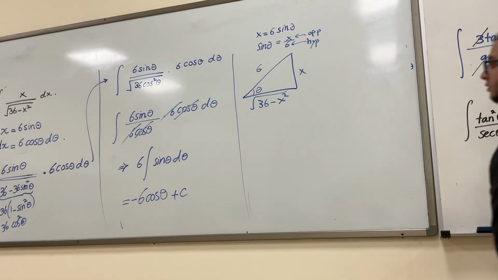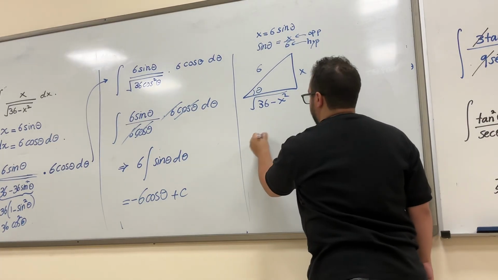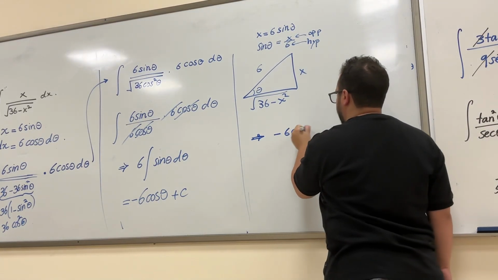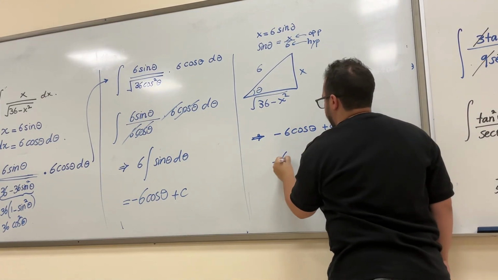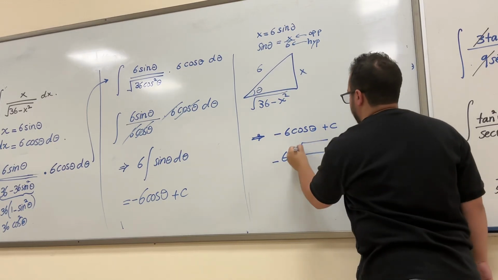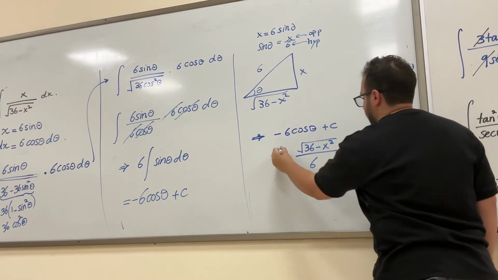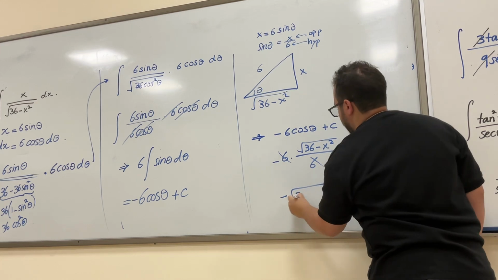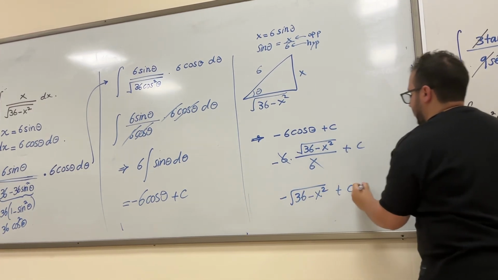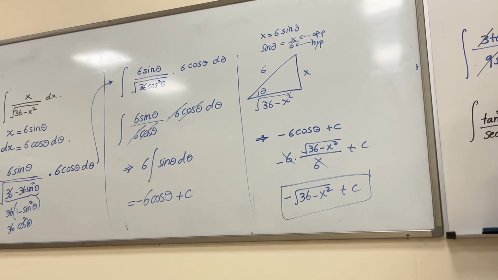Clear? So what's the answer? It was minus 6 cosine theta plus c. It becomes minus 6 times cosine, which is adjacent over hypotenuse. You can just cancel these two and look at this.